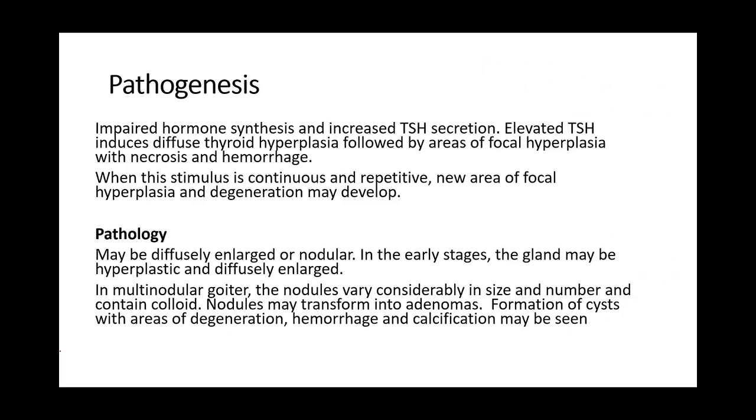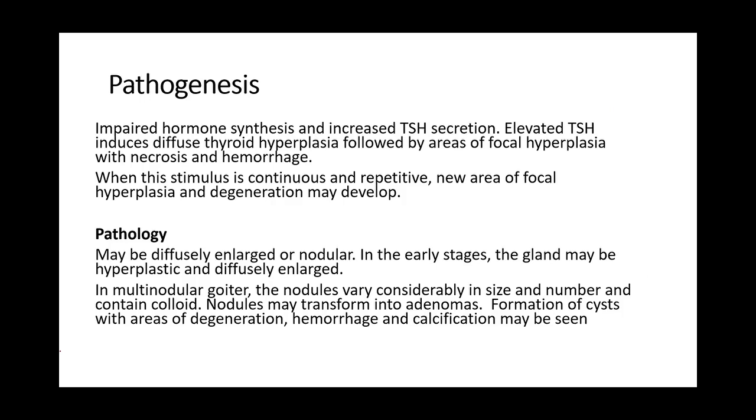Now, what is the pathogenesis of these multinodular goiters? When there is impairment of hormone synthesis, the TSH persistently stimulates the gland to produce the hormone. And of course, the substrate iodine is deficient.